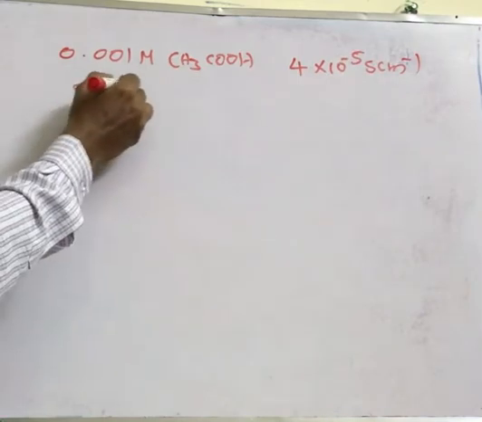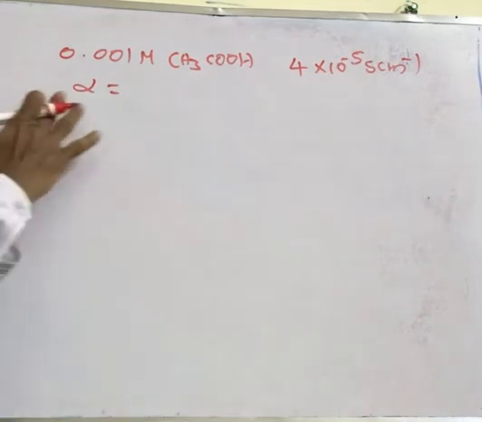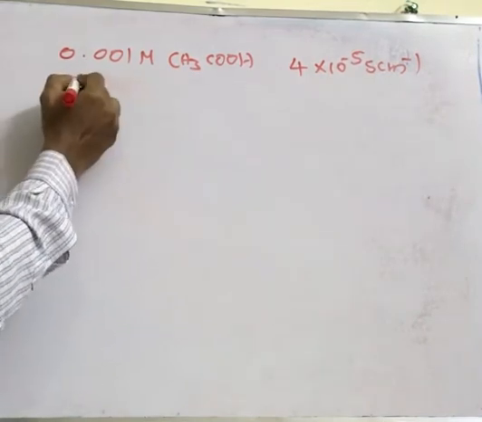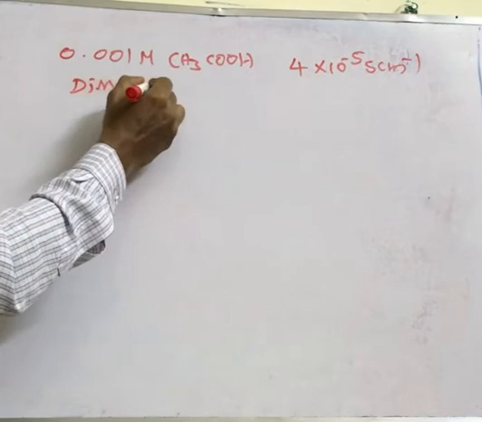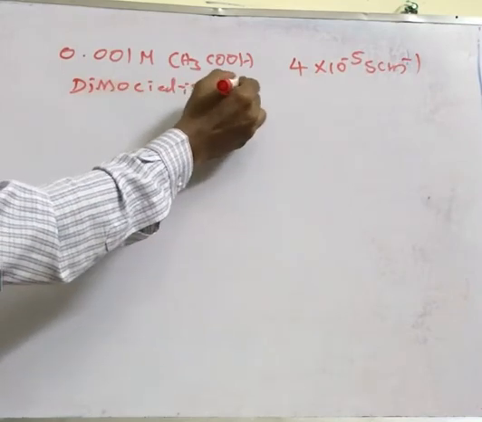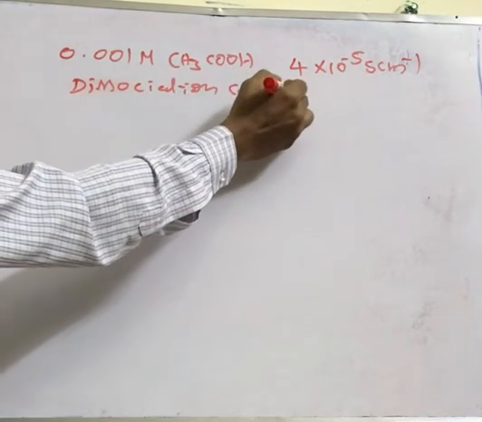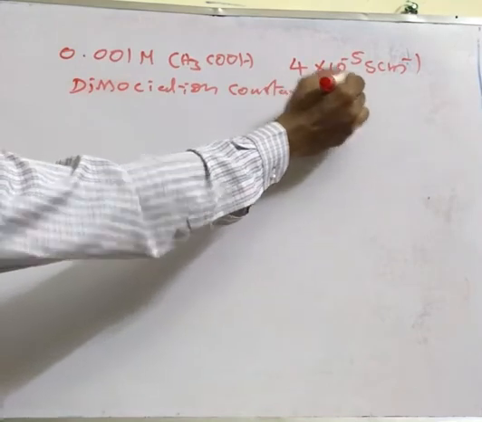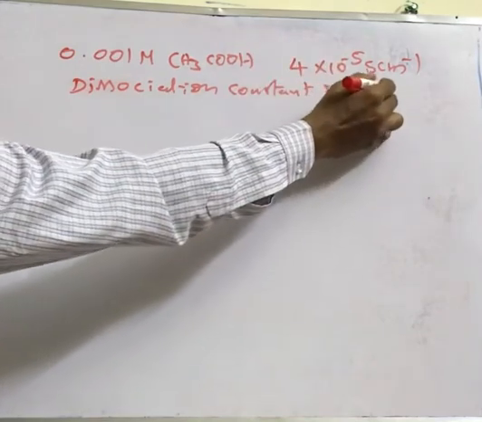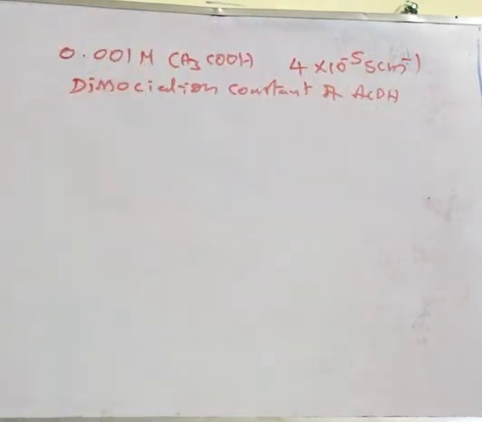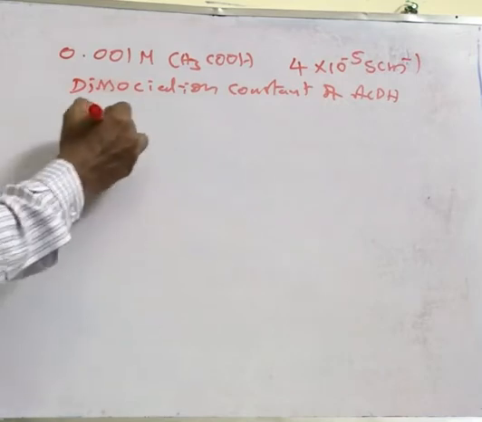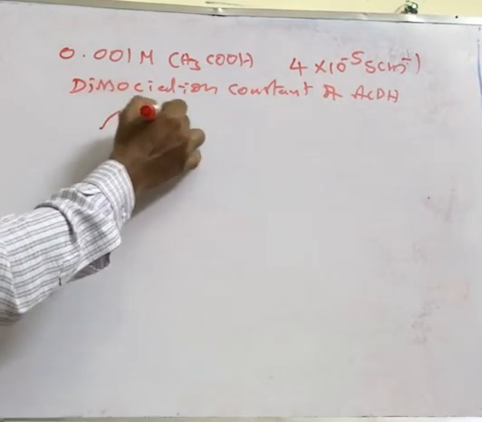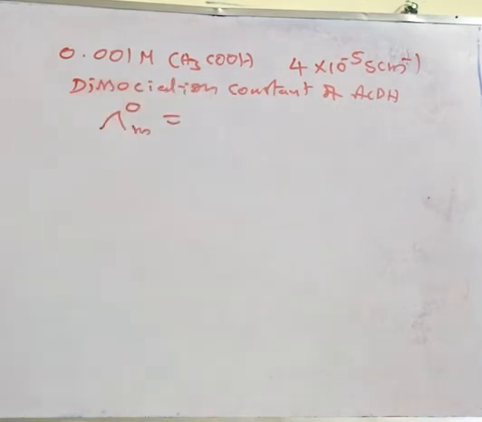They asked to find the dissociation constant of acetic acid, which I can also write as ACOH; there are different ways to represent it.